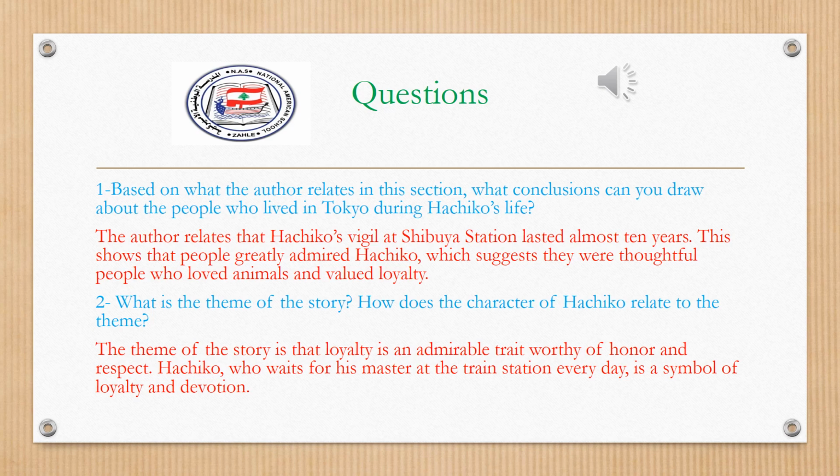What is the theme of the story? How does the character of Hachiko relate to the theme? The theme of the story is that loyalty is an admirable trait worthy of honor and respect. Hachiko, who waits for his master at the train station every day, is a symbol of loyalty and devotion.